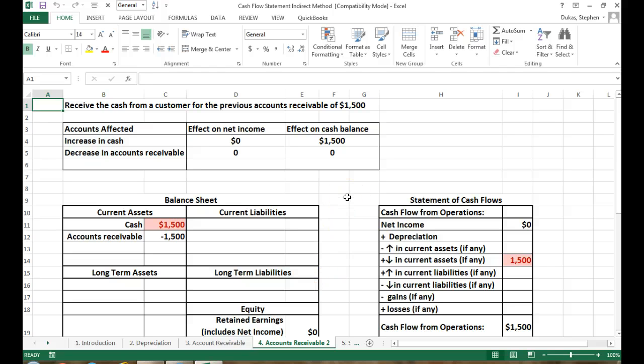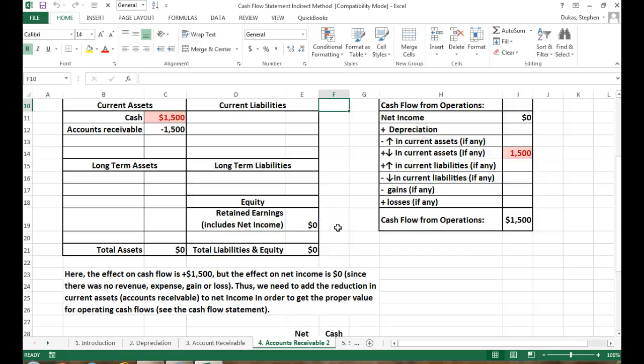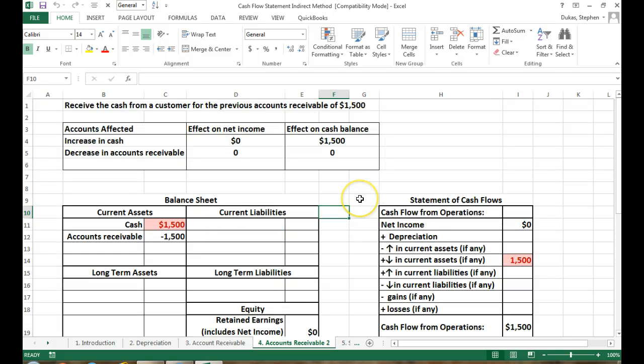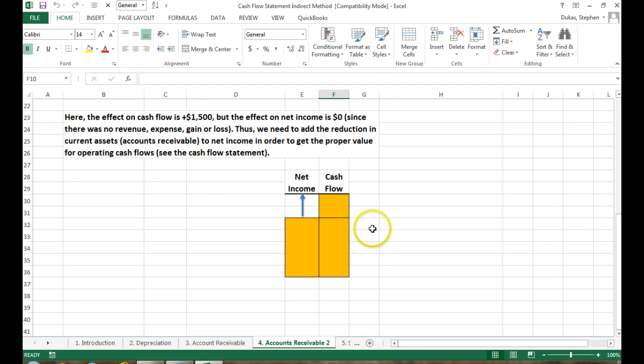Notice what happens when the accounts receivable is paid off. In this case, we get cash of $1,500 and the accounts receivable balance is reduced. So there's actually no change in assets, and no change in equity. Notice up at the top, net income is not affected. Here, what's happened?